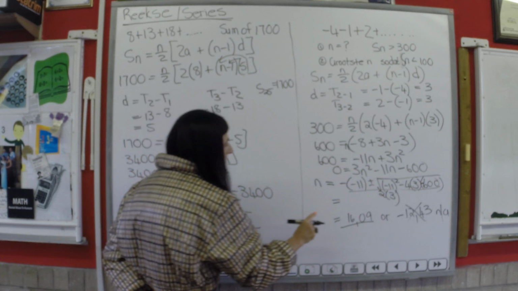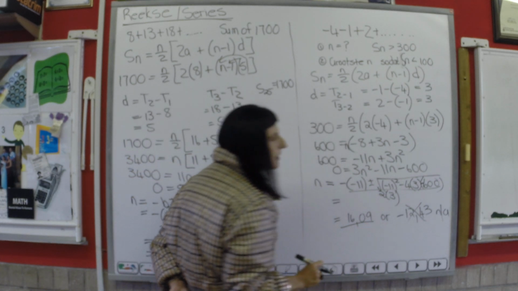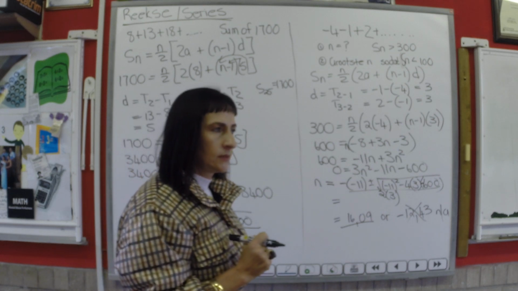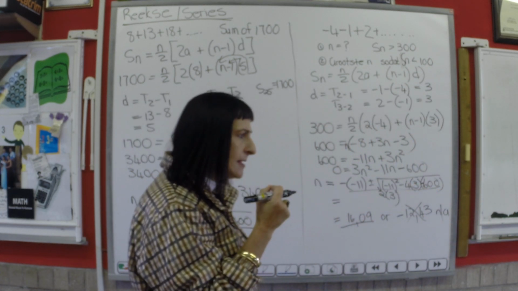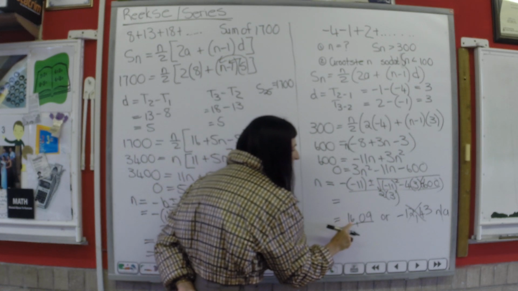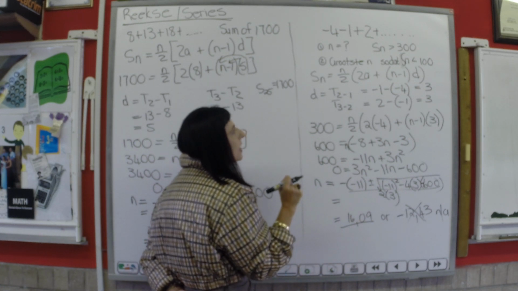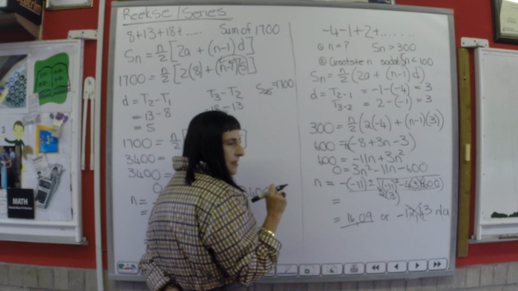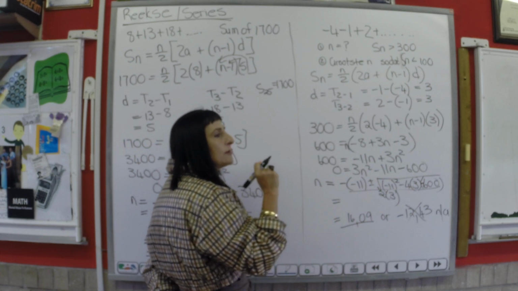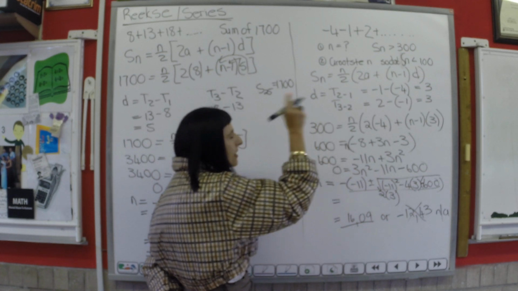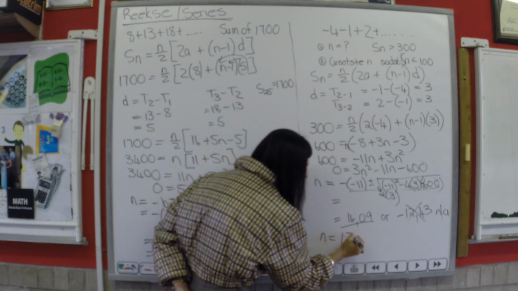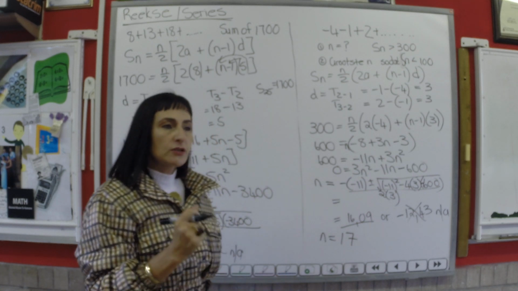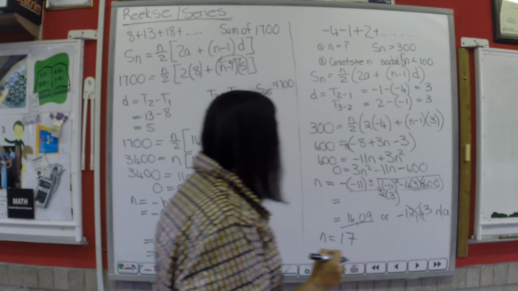So 16,09 is presies 300. So I can't pick 16 if I round it mathematically, because 16.09 is only 300. So for the first term to be bigger than 300, you must pick term 17. That's the first one that's going to be bigger than 300.